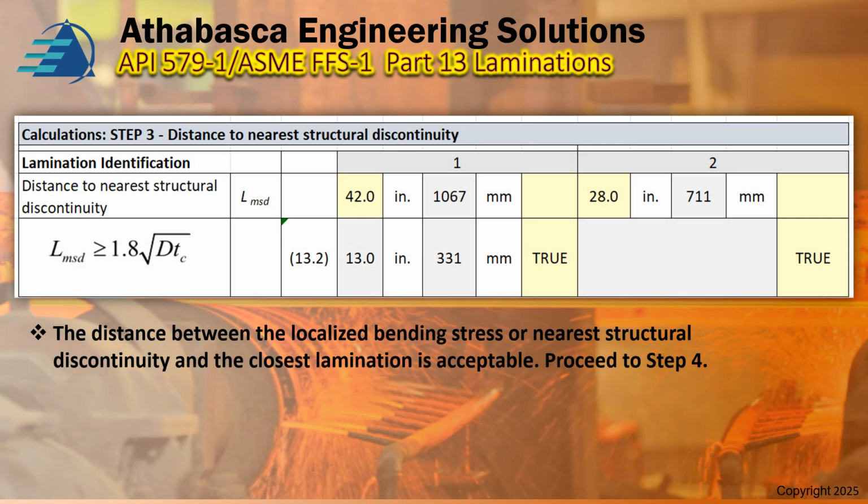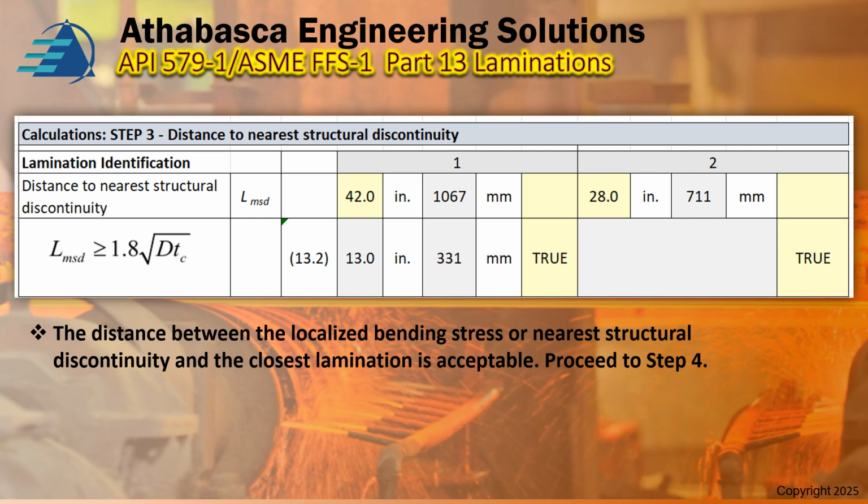Step 3, we're going to check the distance to the nearest discontinuity to see whether that stiffening effect and the local stresses as a result can affect the evaluation of the lamination. So we have this equation, and this equation is the same one that we use for dents. And we do the assessment where this is a given value in the inspection report.